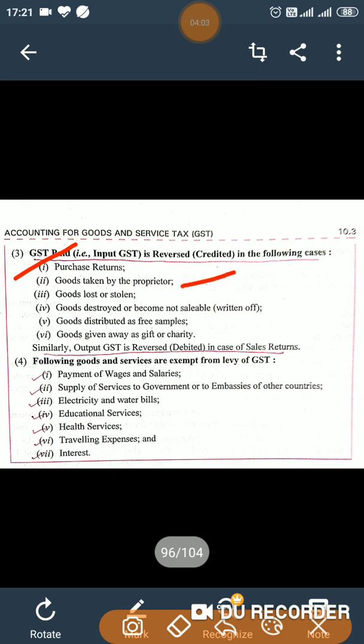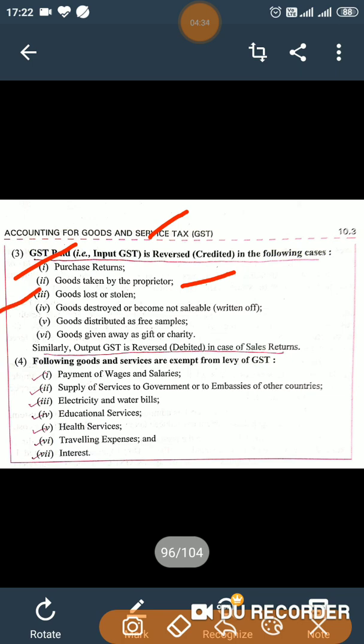Goods taken by the proprietor: we have discussed the journal entry, drawing account debited to purchase. While making the purchase of goods, you debited the input GST. If the proprietor has withdrawn those goods, you will credit the purchase and at the same time the input GST to the extent of that purchase will be credited.